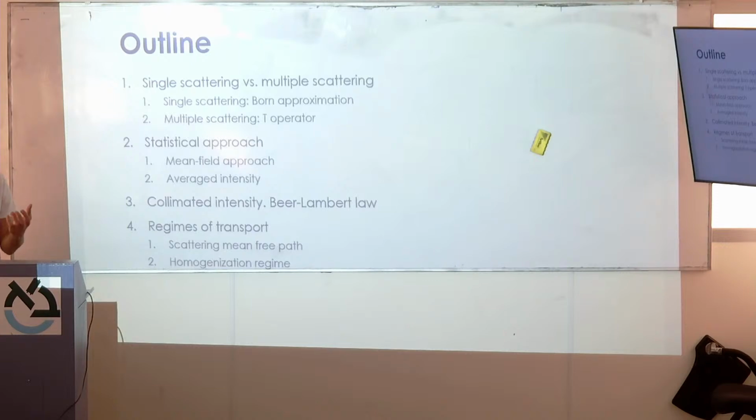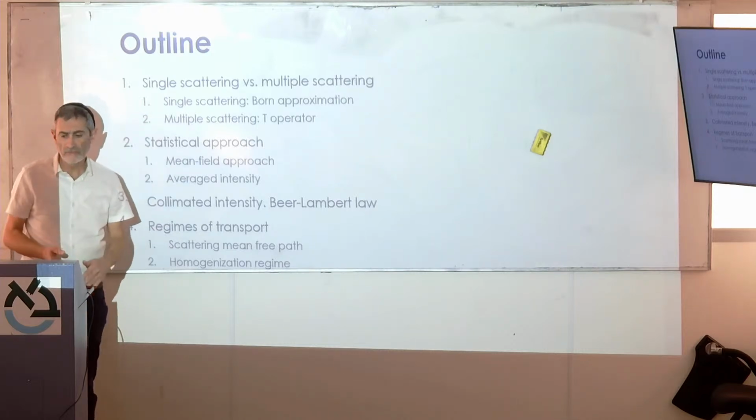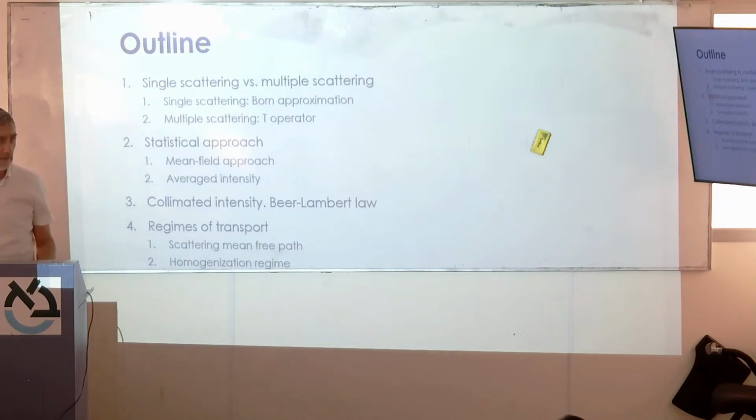We don't consider light coming from other scatterers into that particular scatterer. This is called the single scattering approximation, and it is true essentially when you have a dilute medium. We will use this approximation to build up an operator that will describe multiple scattering.